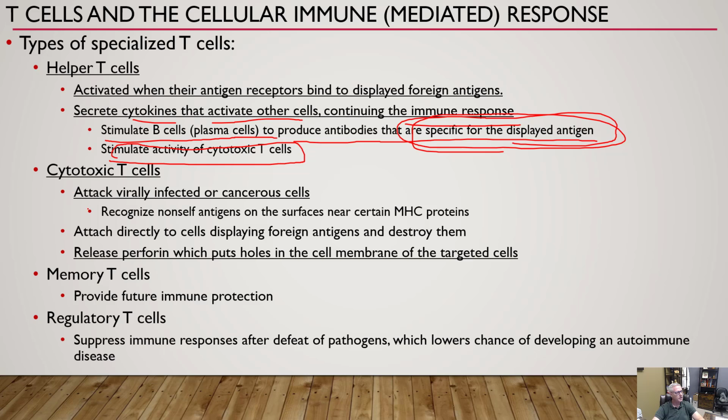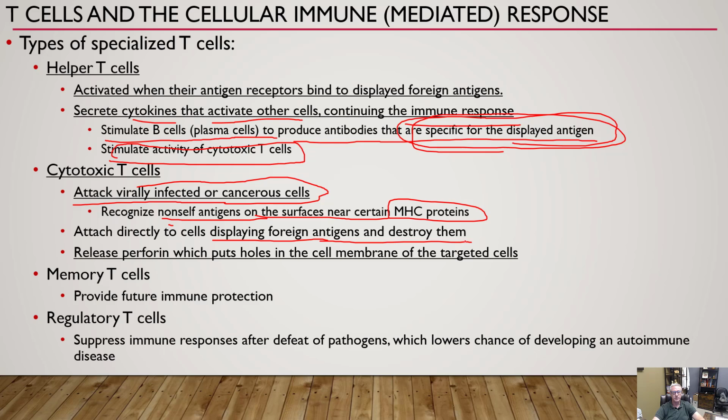Cytotoxic T cells attack viruses that are inside your cells, and they also attack cancer cells. They are going to recognize the antigens on the surfaces near the MHC proteins. And they're also going to attach to cells that have those foreign antigens and destroy them.